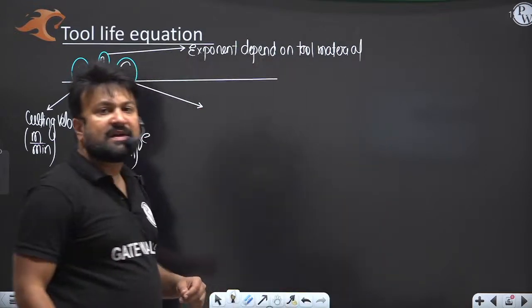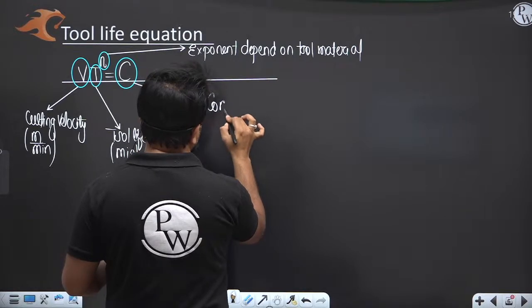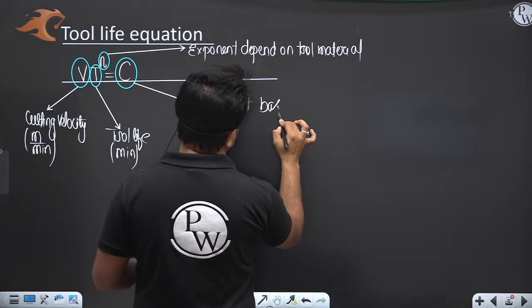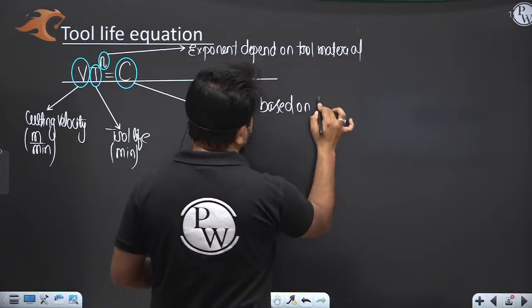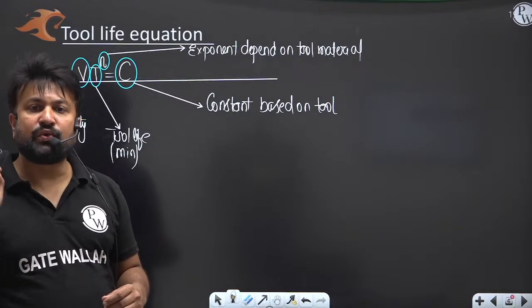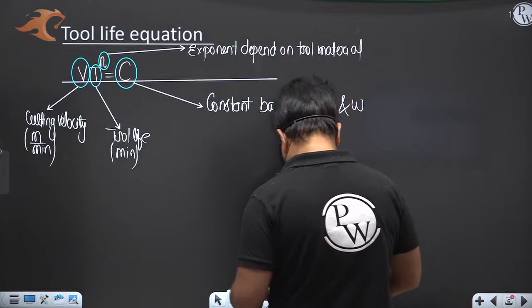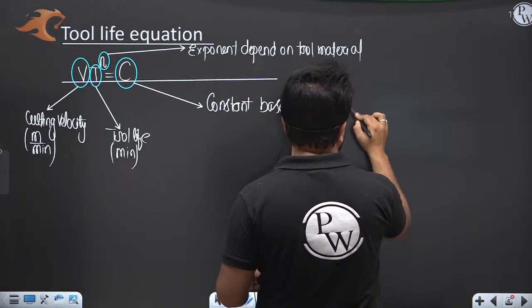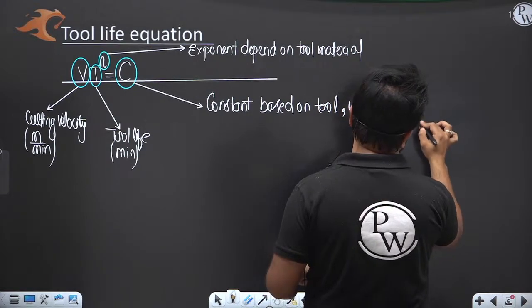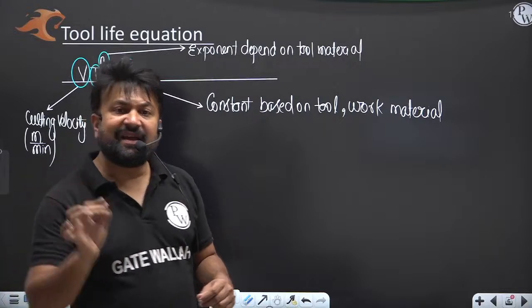And C is the constant based on the tool and work material and cutting condition.